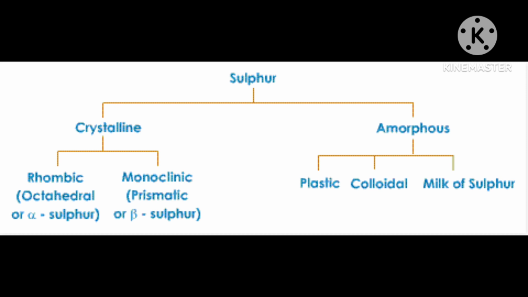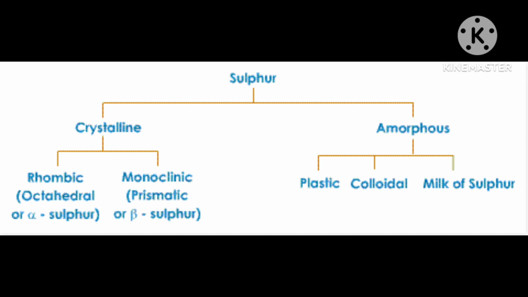Now I am telling about monoclinic sulfur, which is also called beta sulfur. Its melting point is 393 Kelvin and specific gravity is 1.98. It is soluble in carbon disulfide.